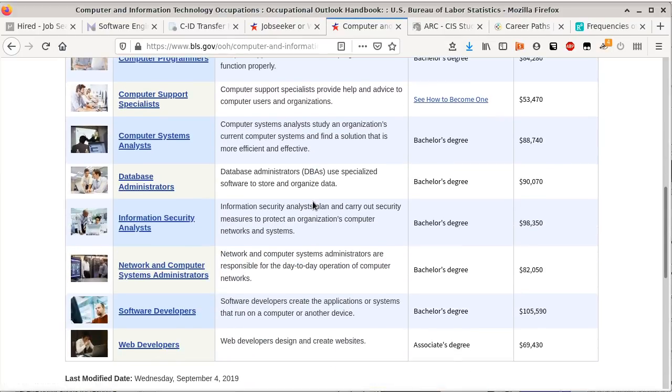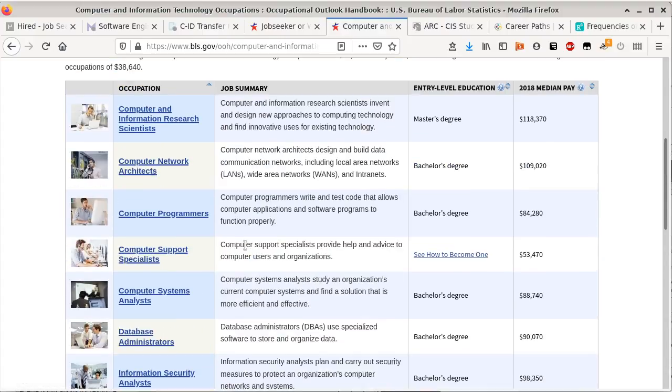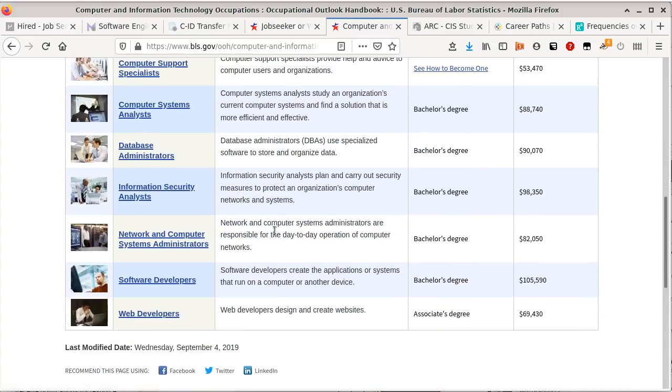When we move down the list to software developer, web developer, and computer programmers, they don't have a software engineer group here. But that's okay. Computer programmers are pretty close to software engineers, and so are software developers.